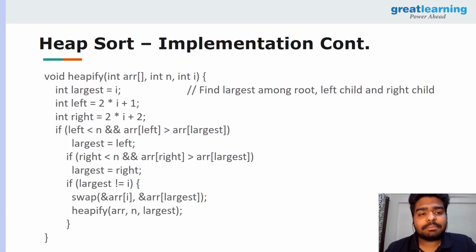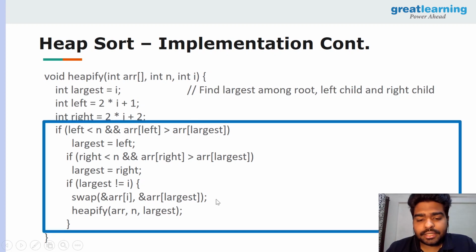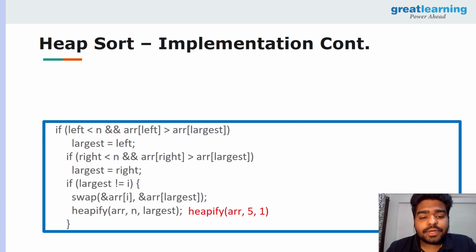Okay, let's come back. If you can see here, we completed this swap, right? Now we have left one line of code, which is the calling of the Heapify method with ARR, 5 and largest, which is 1. Imagine that it goes again to the Heapify method.